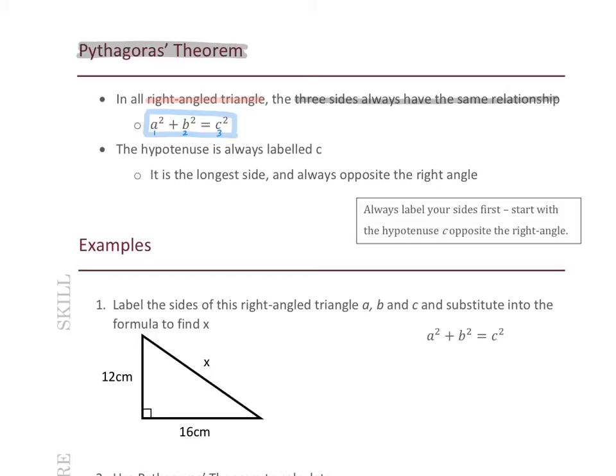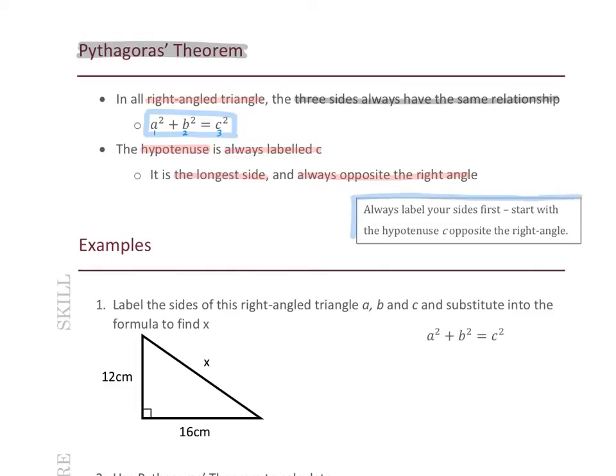A right angled triangle has something called a hypotenuse, which is always labelled c. It is the longest side, and it is always opposite the right angle. We'll talk about that when we come to our examples.